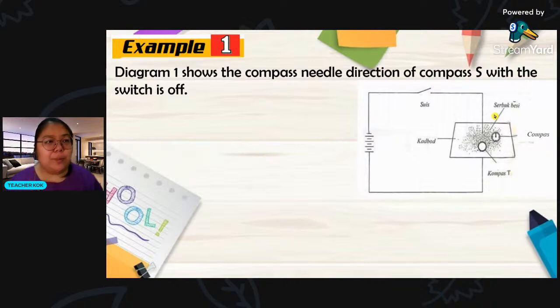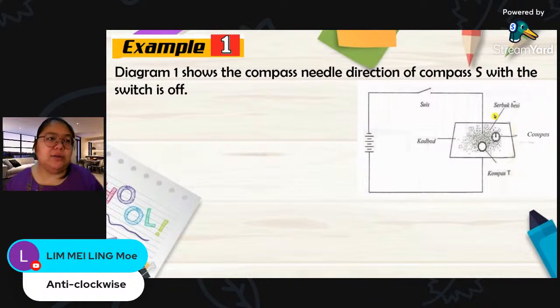When I put the compass, you see the direction is clockwise or anti-clockwise? Use your thumb to represent the right hand. Now it's the right hand, not the left. This one is only the current. So what's your answer? Okay, anti-clockwise. Yeah, correct. Using your right hand thumb, your thumb points up, so it should be anti-clockwise.